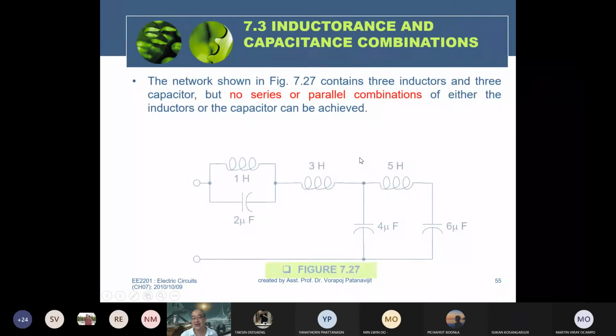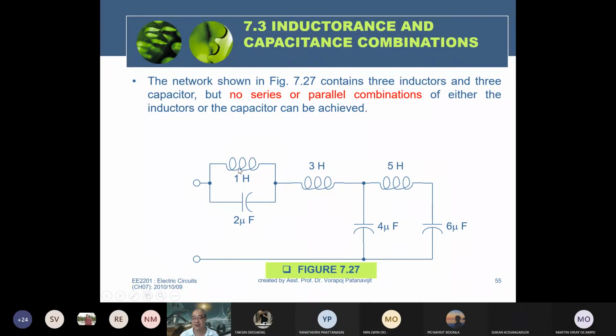Remember that in some cases, the network shown in the circuit diagram contains 3 inductors and 3 capacitors, but no series or parallel combination of either the inductors or the capacitors can be achieved.